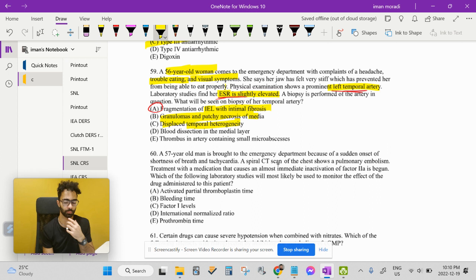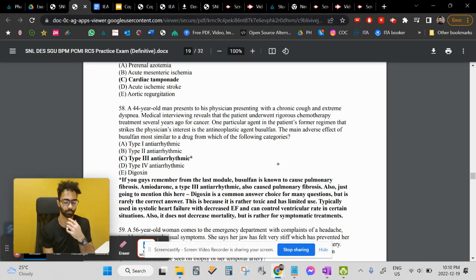Blood dissection in the media layer. That makes me think of Takayasu's arteritis, very similar to this disease, but it happens where the aorta is, and it can lead to dissections. In fact, this disease can also lead to dissections. That's an important point. This disease can also lead to joint pain. I don't think it's mentioned in this question, but yeah.